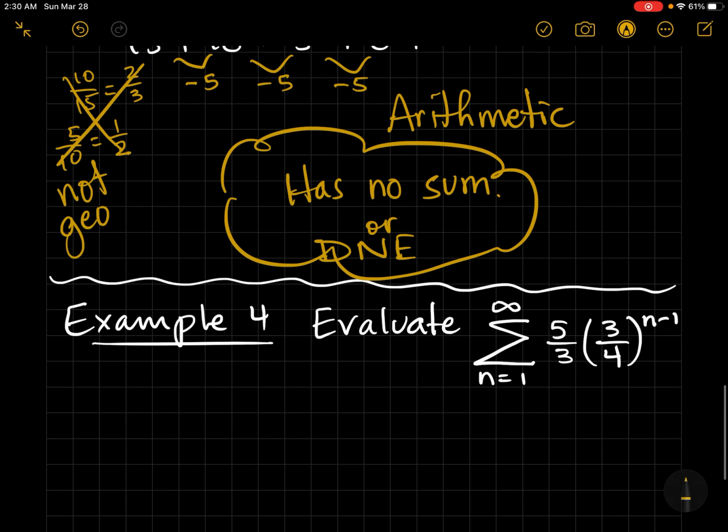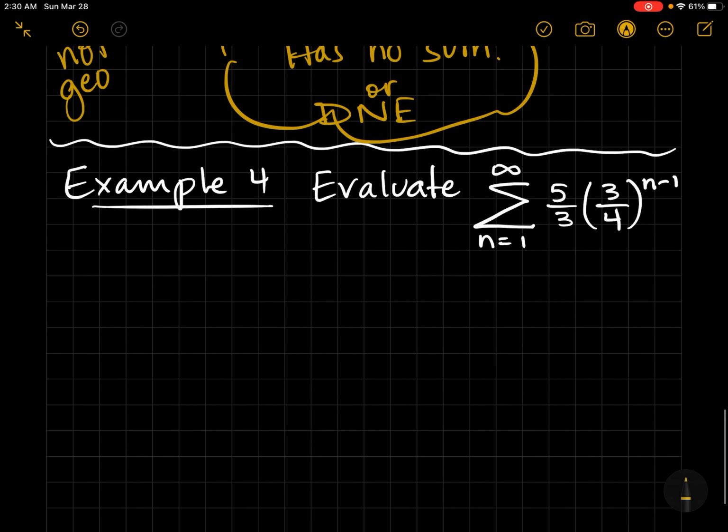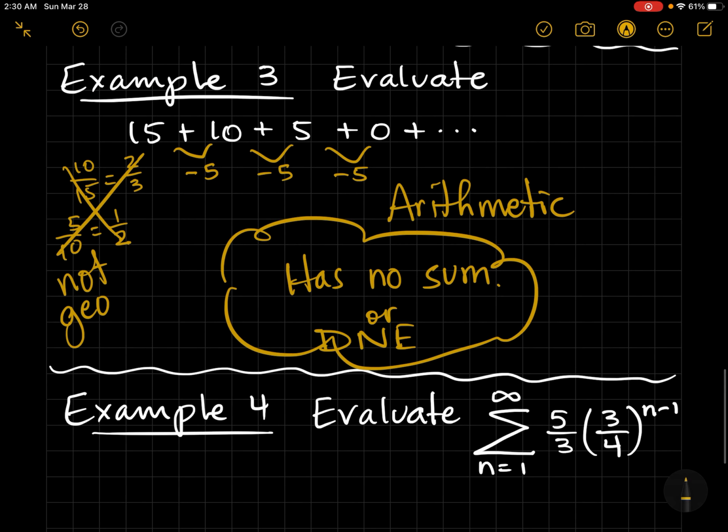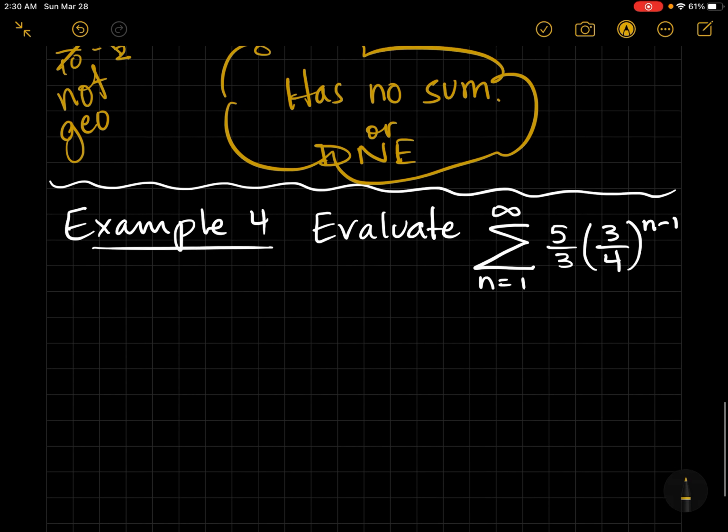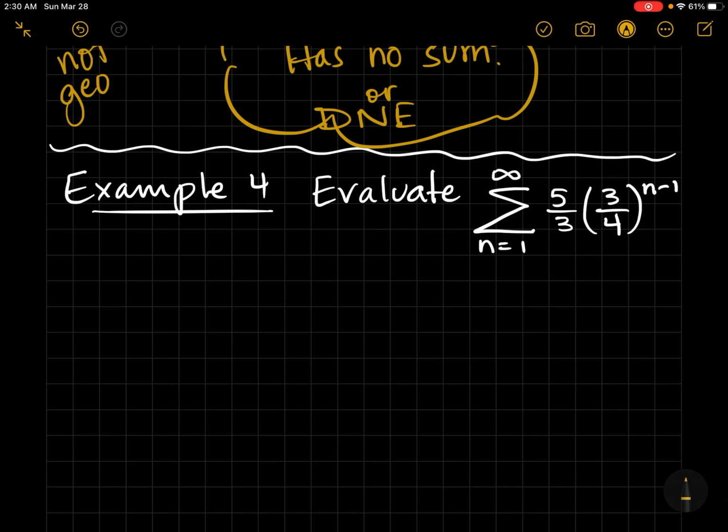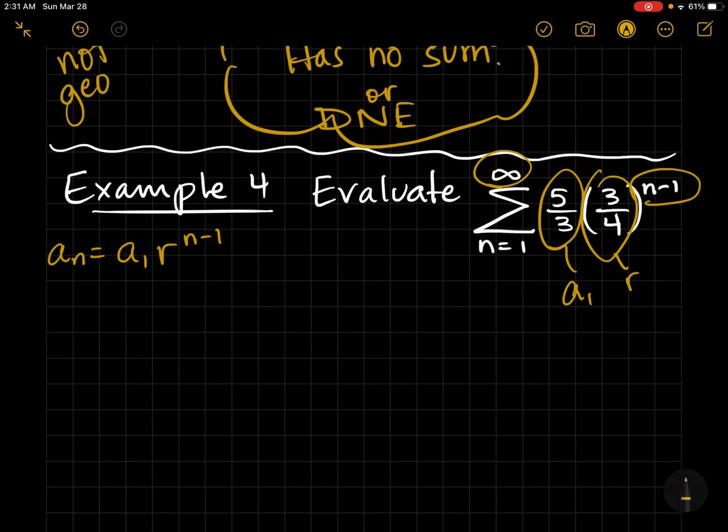Alrighty, let's look at the next example. Notice here I wrote the terms out, but sometimes I like to give it to you in summation notation. So clearly we're dealing with infinite, and it's geometric. You could write a few terms out, but let's remember that a sub n is a1 times r to the n minus 1. So if you look at this, this is your a1, and this is your ratio to the n minus 1.